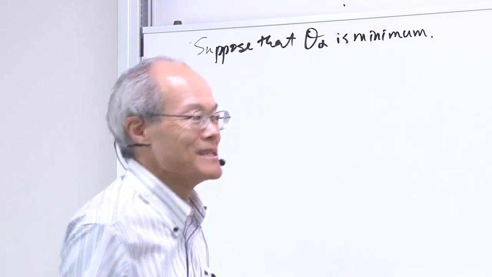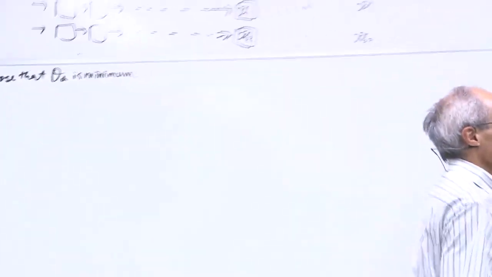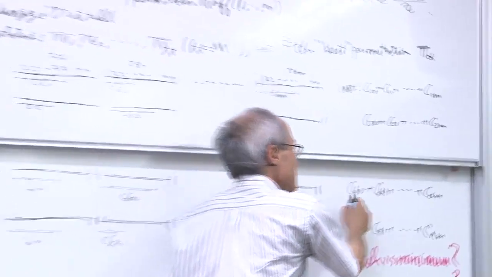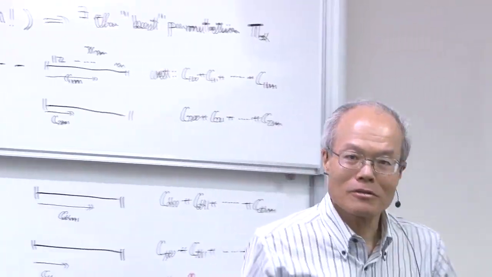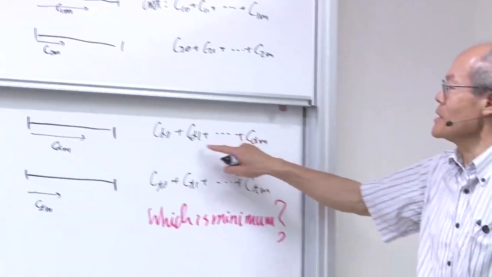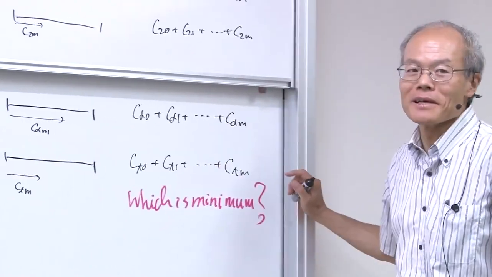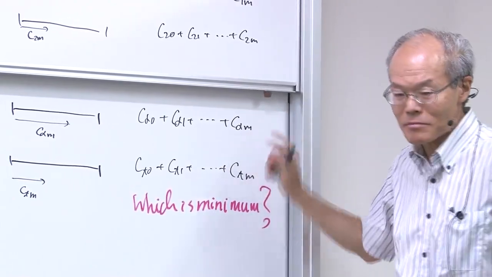Suppose that this one is the minimum. The cost of pi alpha is the minimum. Okay? Suppose that this is the minimum. Then what is that value?